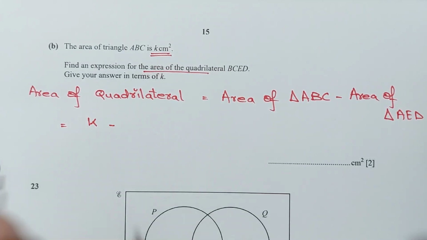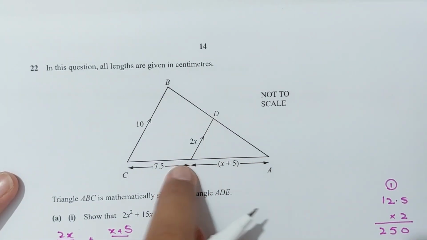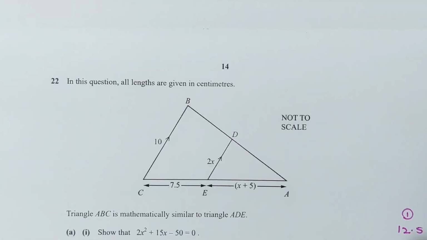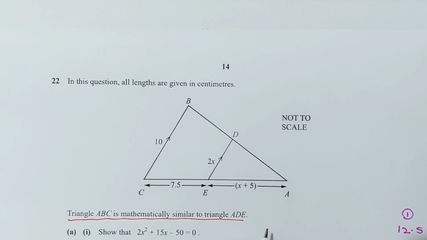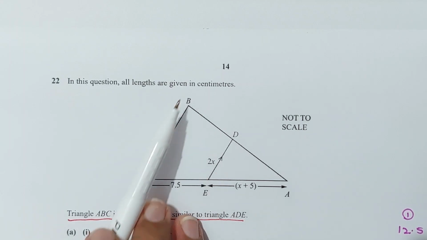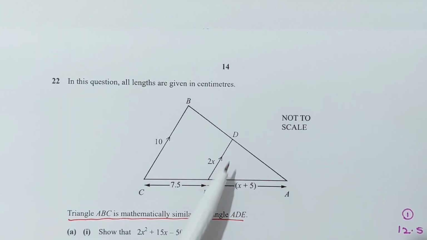Now we have to find the area of triangle ADE. We have to use the concept of similarity, because the question says the two triangles are mathematically similar. If so, the ratio of their areas equals the square of the ratio of their sides. Its side is 2x and its side is 10.